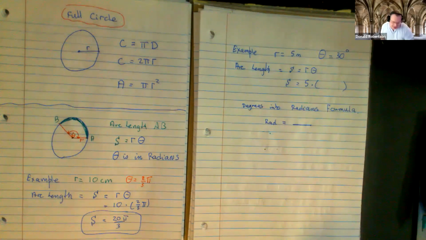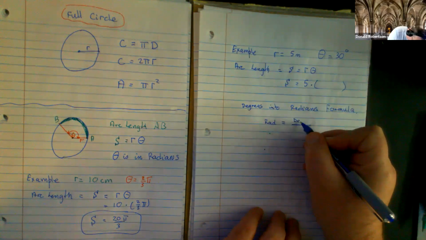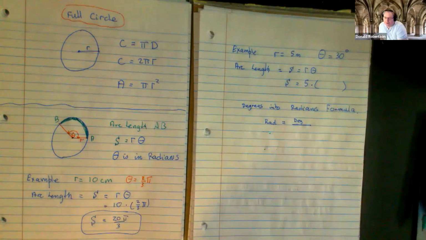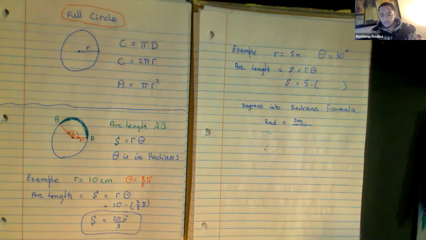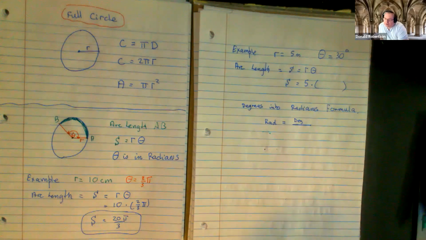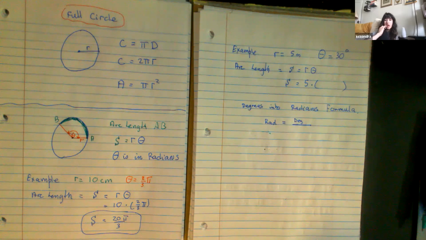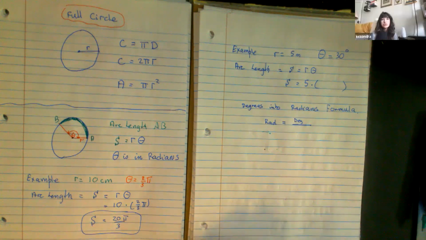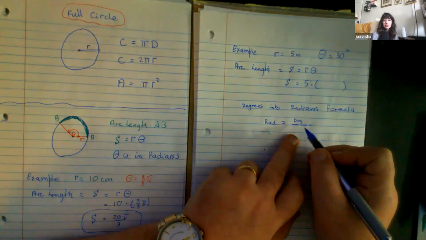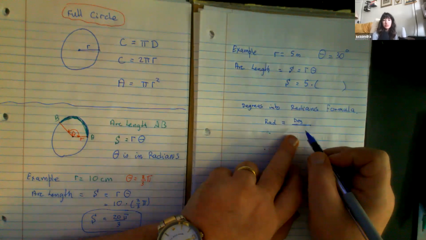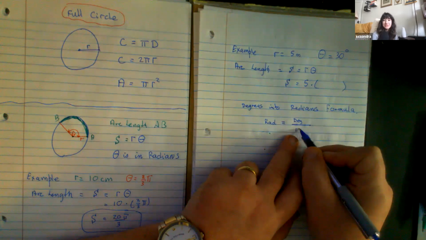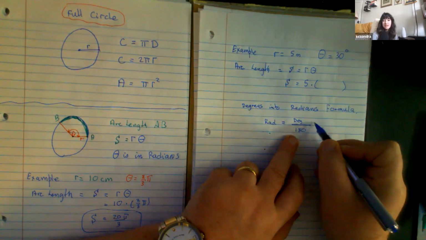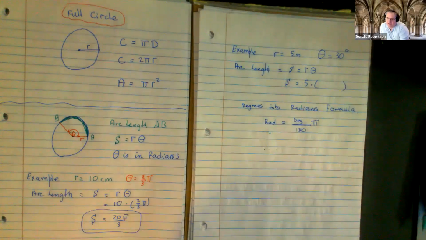Anybody want to tell me what the formula might look like? How do you turn it? 180 divided by that number. I didn't catch the beginning. It would be like you would treat pi as 180 and then the bottom number would just be 180 divided by 30. Oh, you're definitely in the right place.